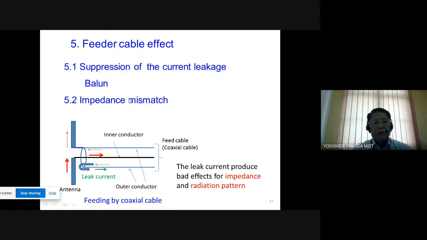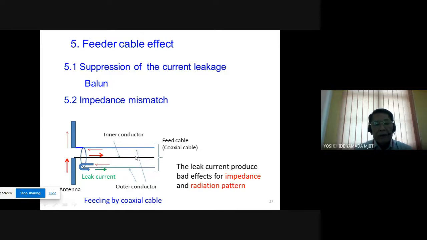First, in the case of feeding by coaxial cable, it is composed of an inner conductor and an outer conductor.